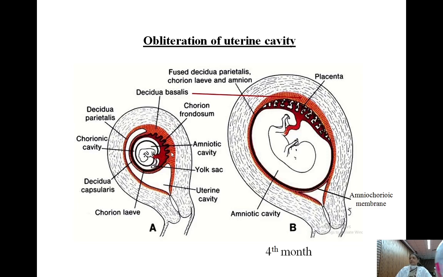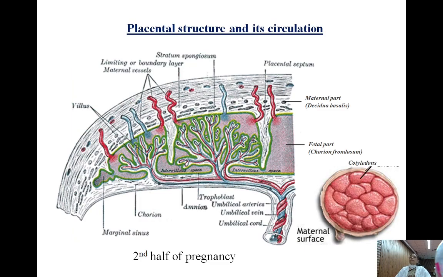So at about the 4th to 5th month, the uterine cavity will obliterate. Now you can see the placental structure. This is the chorionic frondosum, the fetal part, and this is the maternal part, that is the decidua basalis.